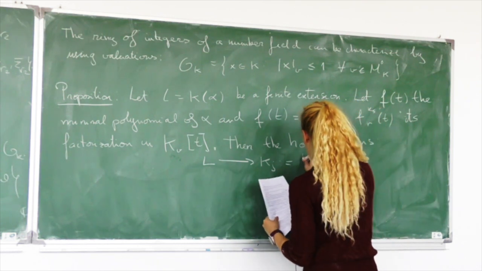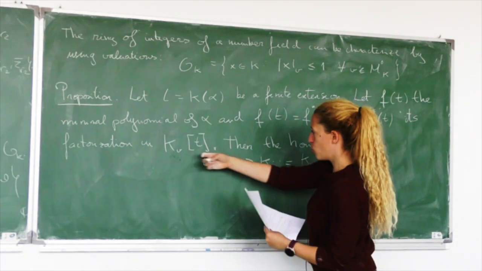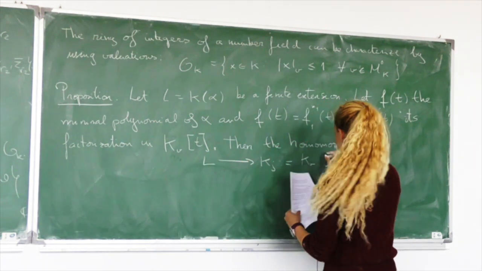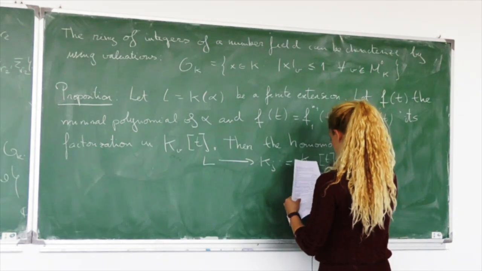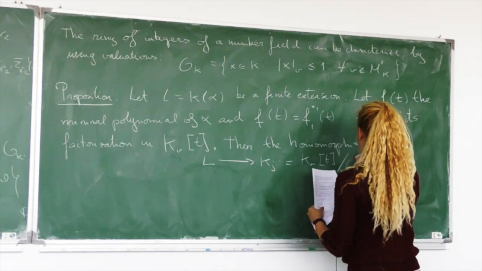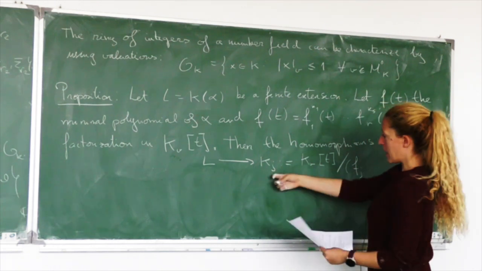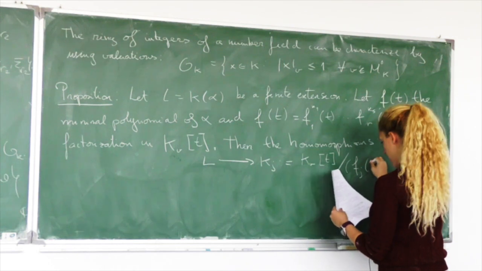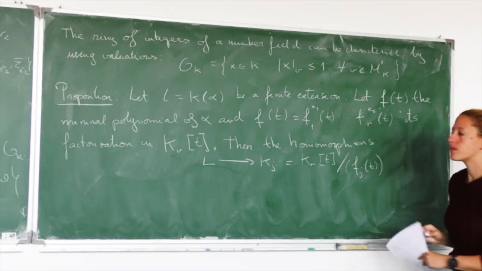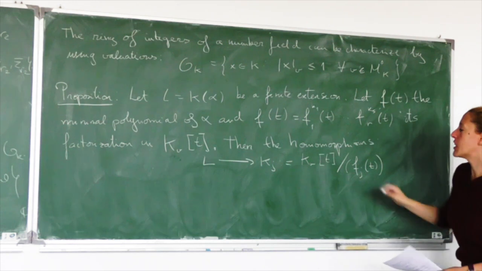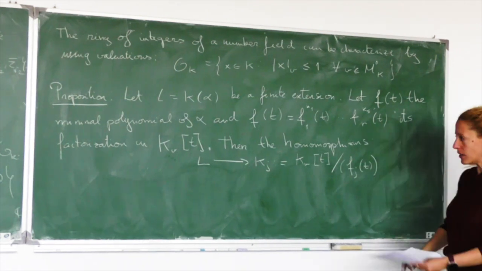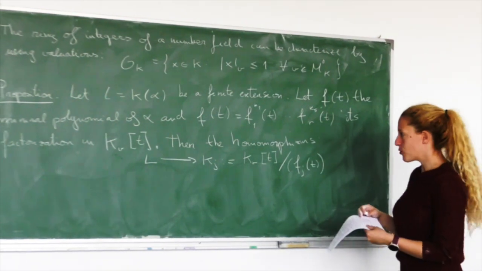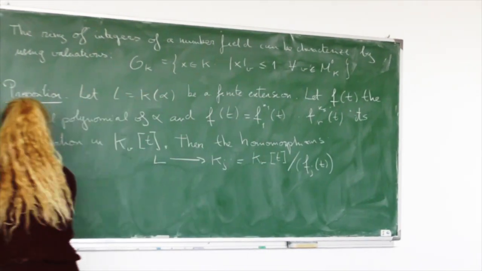So those fields are, I take the polynomial ring with coefficients in K_v, but I do the quotient by the corresponding factor g_j here. So I take this weird thing. So this is a field, right? Okay, so I have those homomorphisms, and those homomorphisms are injective.